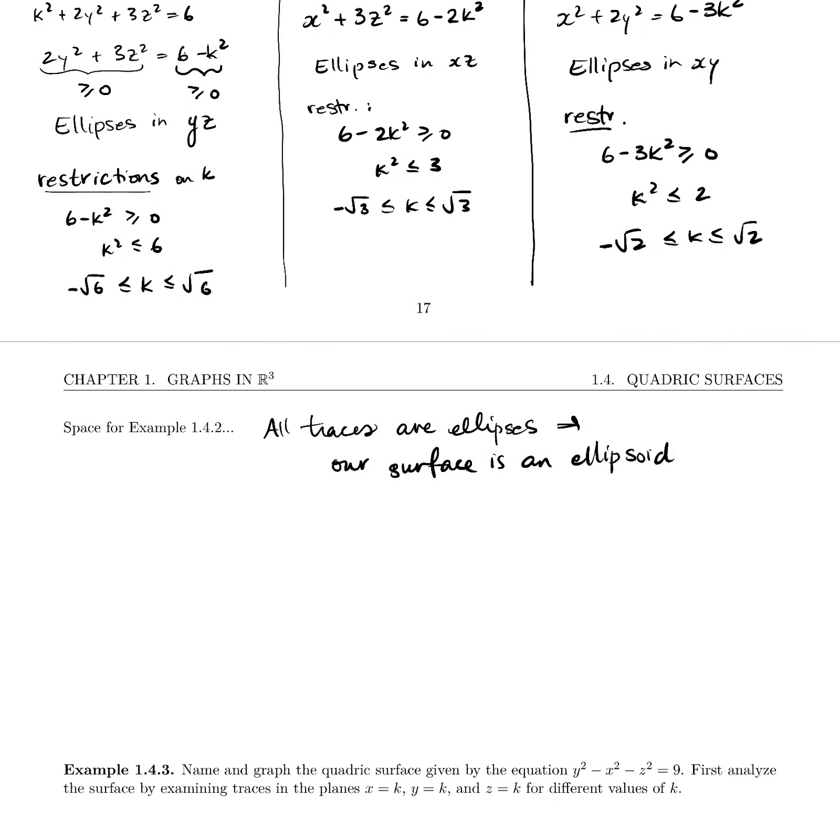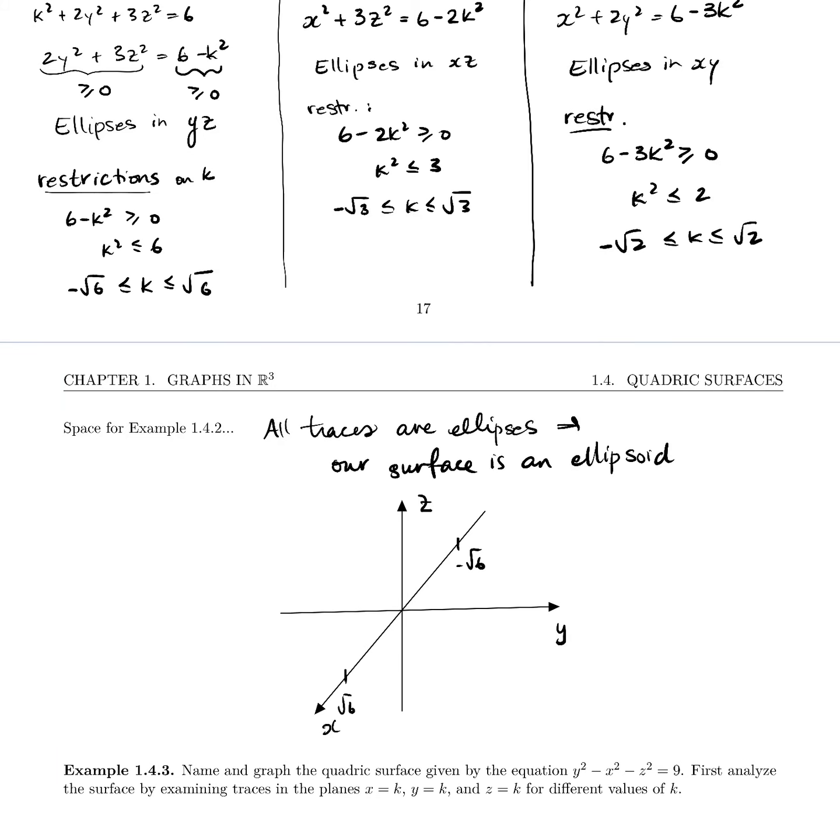So if we give ourselves a set of axes, there's my y, my z, and my x axes, so x, y, and z. We know how far our surface extends in each case. In the x direction, our surface goes from minus root 6 to root 6.